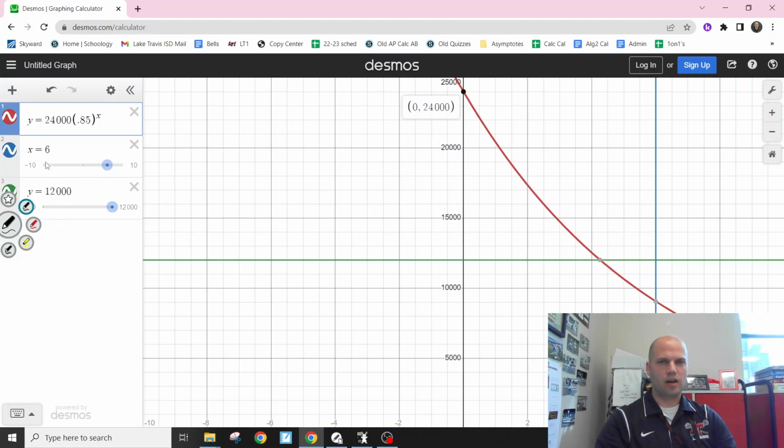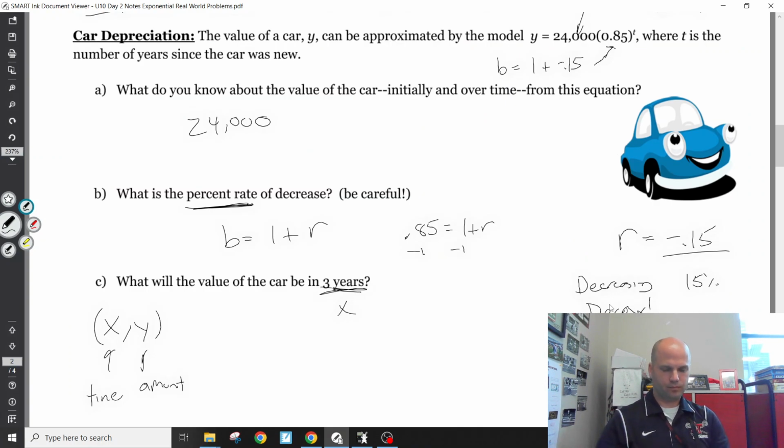We can adjust our x equals to find our value at a certain time. You can adjust your y equals to find your time when you get a certain value. I already have 12,000 as my y. That's half the value, so that's good. I can already find this point right here, 4.265. After around 4.25 years, my car is worth $12,000.